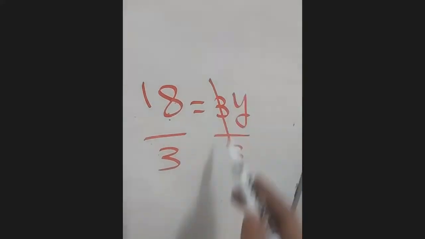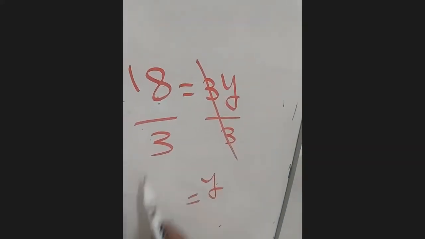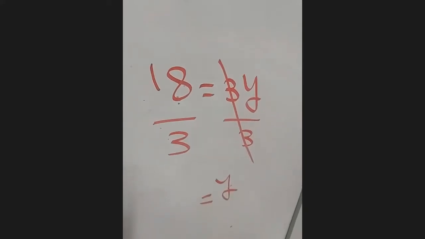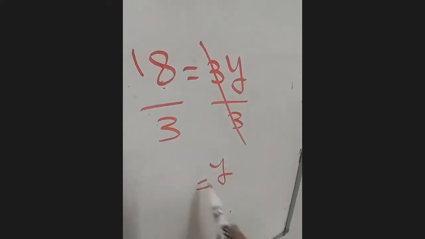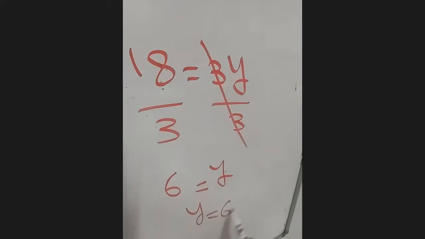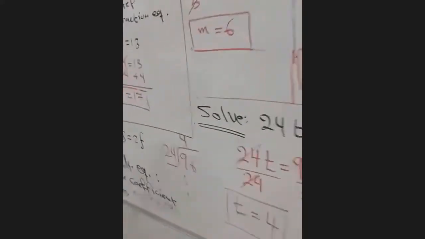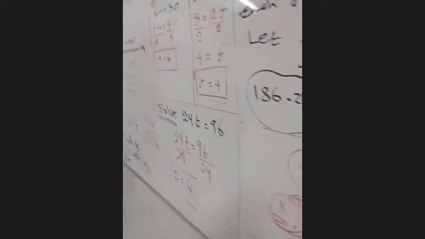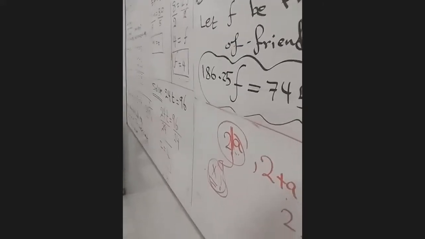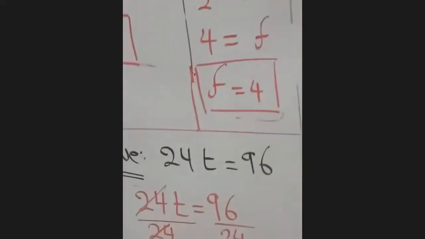Y equals. How much is 18 divided by 3? Equals 6. So y equals 6. Do you understand it? Yes. Good boy. Thank you. If you don't understand, please ask me.